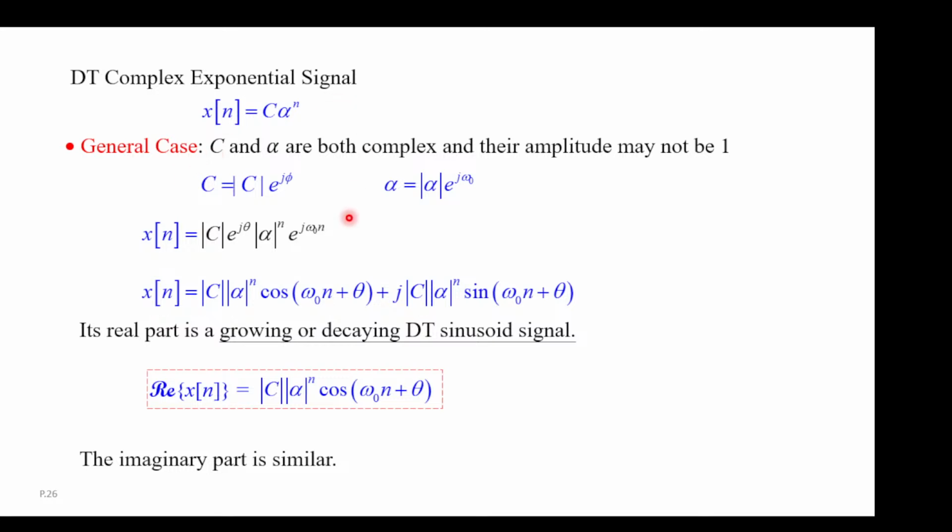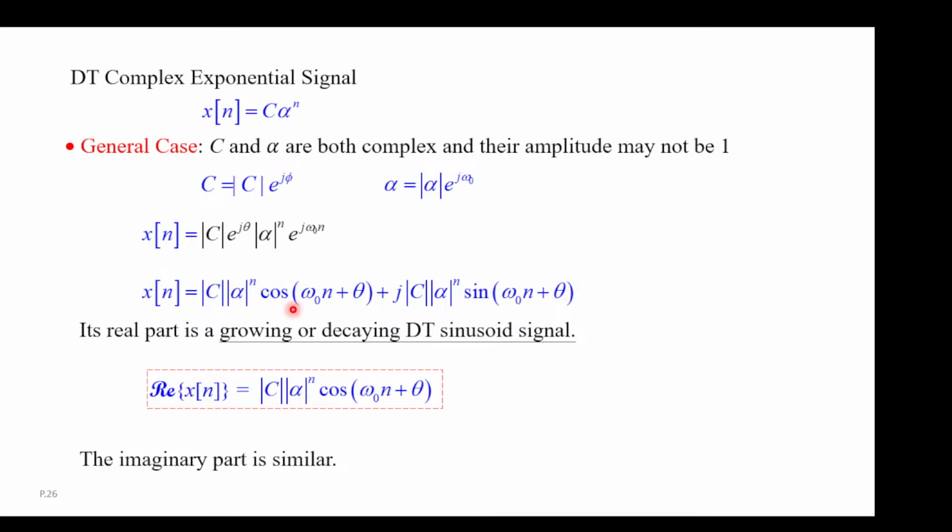And then we also have the general case. This is not very important, so let's skip this very fast. The general case is similar to continuous time. You take c in polar coordinates and alpha also in polar coordinates, and you write your x of n with the real part as a cosine function and the imaginary part as a sine function.